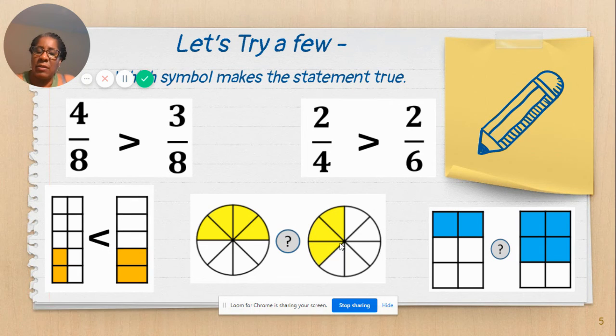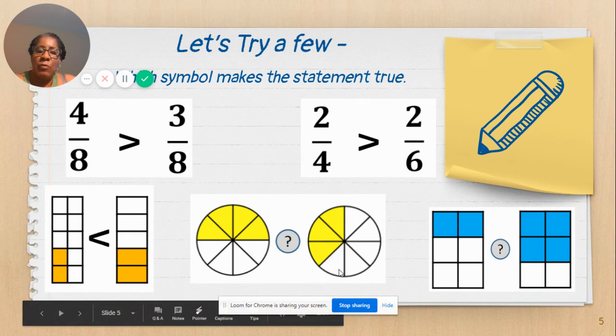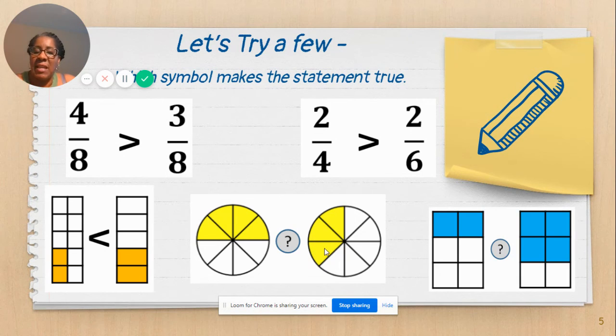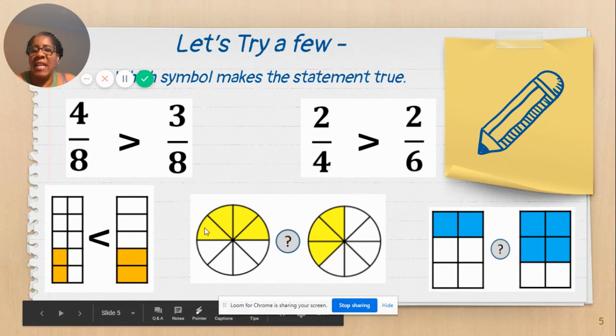Let's look at the second fraction. We have 1, 2, 3, 4, 5, 6, 7, 8. Okay, so in this case, both denominators are the same. They're cut into equal parts. So we have 1, 2, 3/8, and then we have 4/8. 4/8 is indeed greater than 3/8.